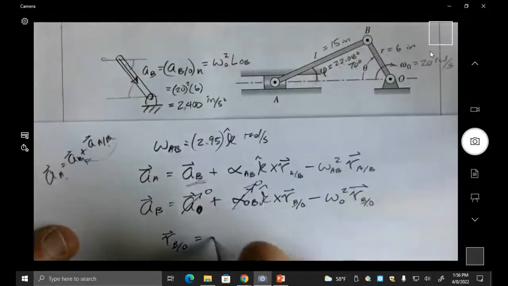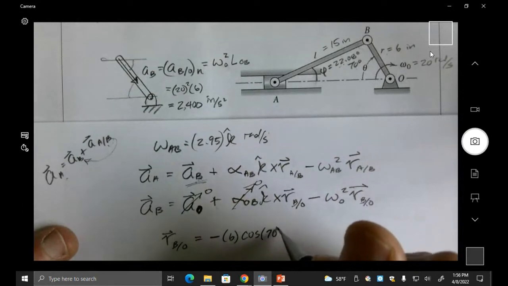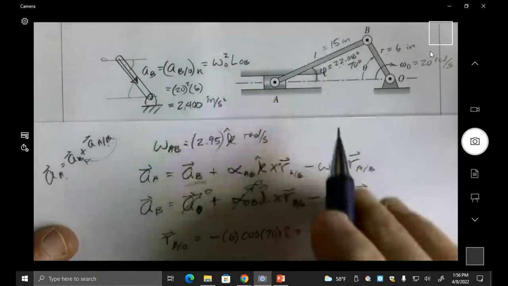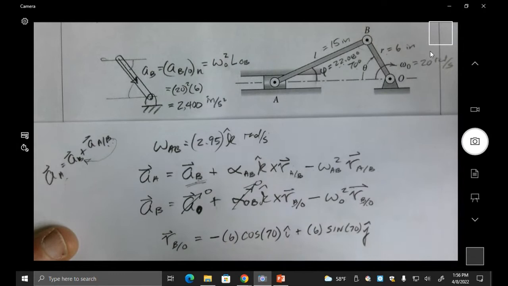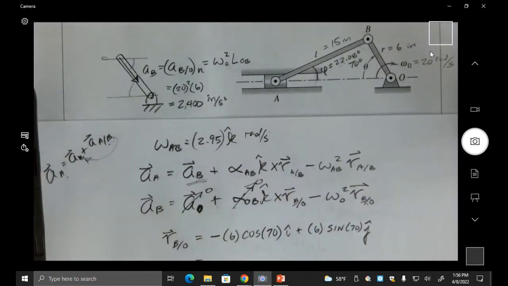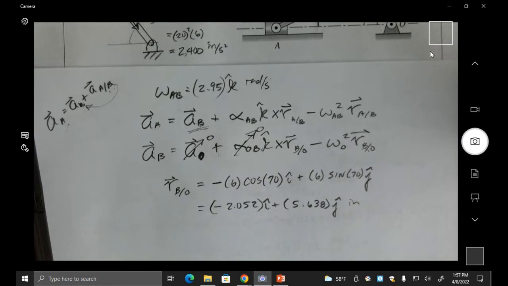Because we're looking at B. So it's going to be a negative 6 times the cosine of 70, I, and it's going vertically up positive, so 6 times the sine of 70, J. So that's going to be a negative 2.052 I and 5.638 J. Whoops. Inches.